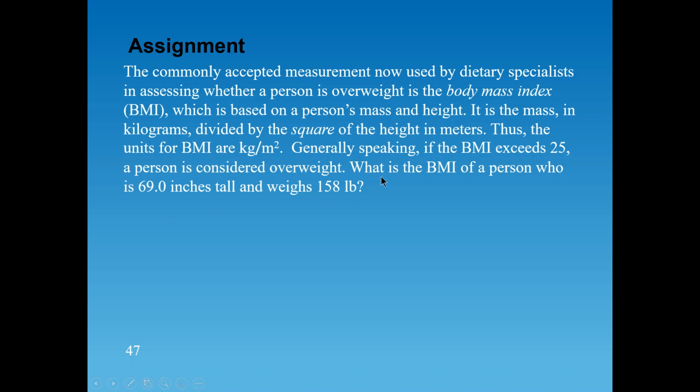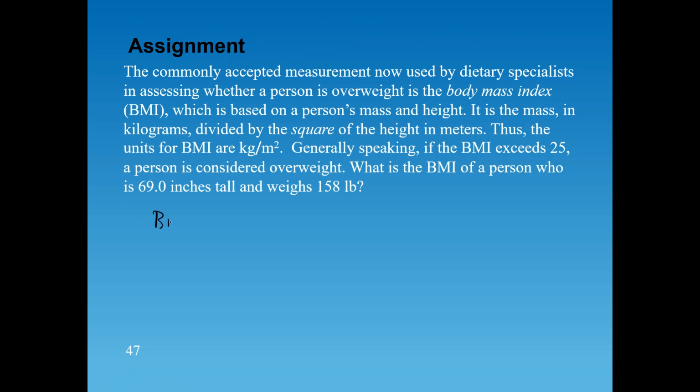So this question is asking, what is the BMI of a person that is 69.0 inches tall and weighs 158 pounds, all right? So according to the definition, I should be able to do it here. Let me write this down.